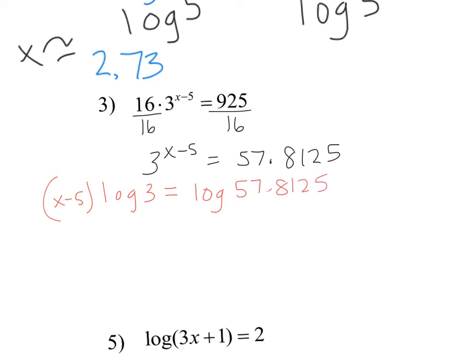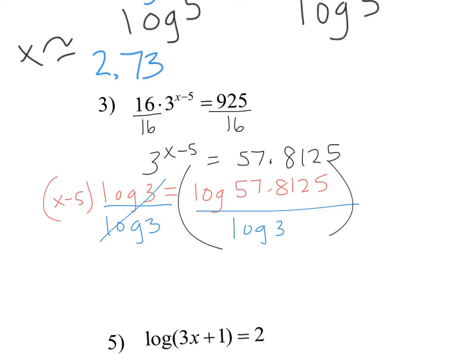Now I'm going to get the x minus 5 by itself by dividing both sides by log 3. So x minus 5 equals this quantity right here. I'm going to do this in my calculator, close the parentheses, and then add 5. I get about 8.693, depending on how you're asked to round. This is rounding to the thousandth.